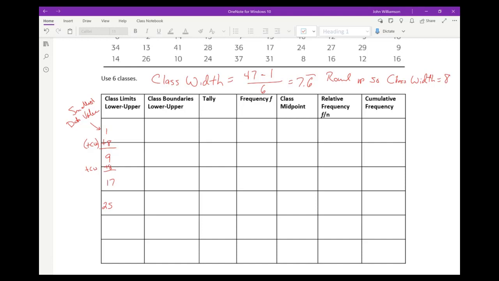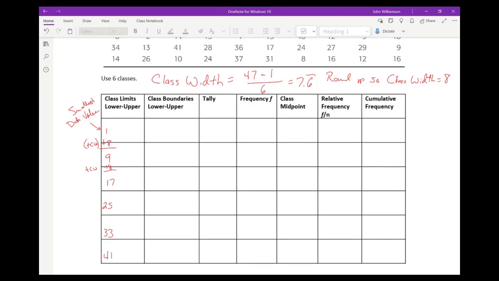Add another 8, which is our class width, we get to 33. And add another 8 and get to 41. So each time, I'm just adding that class width of 8 to get the next lower class limit.